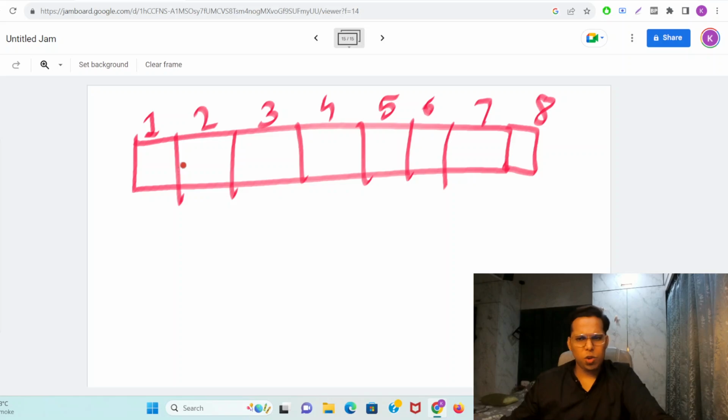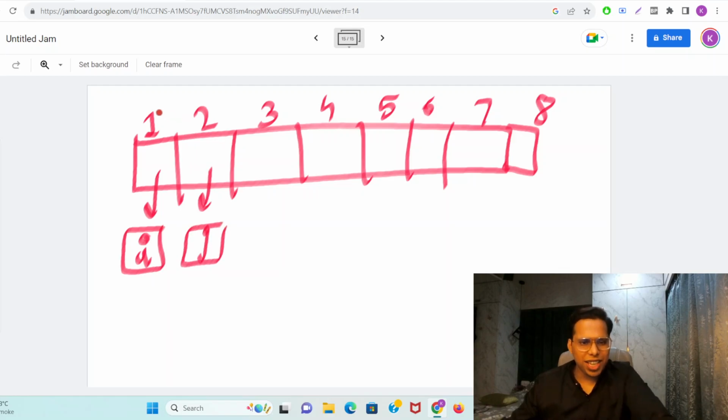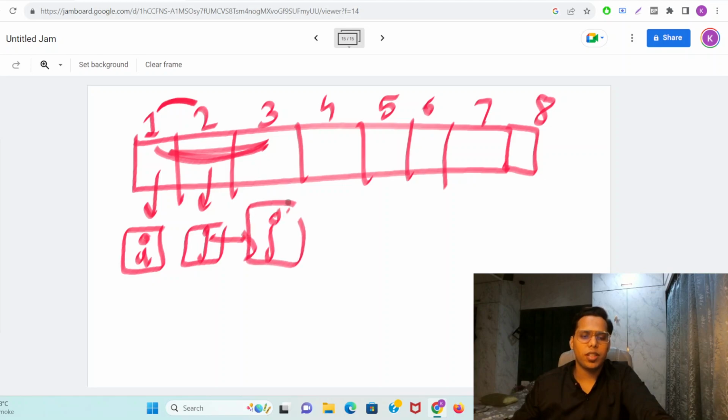Now, guys, I call this my i pointer, and I call this my j pointer. So first, I will check: is 1 comma 2 a valid pair? Yes or no? Whatever is the result, then what should I check? I should check is 1 comma 3 valid. So I will increment my j pointer.